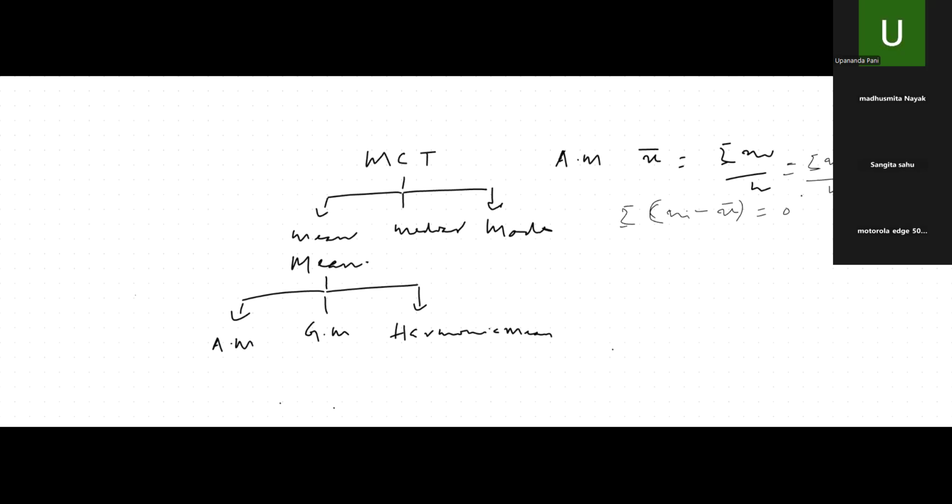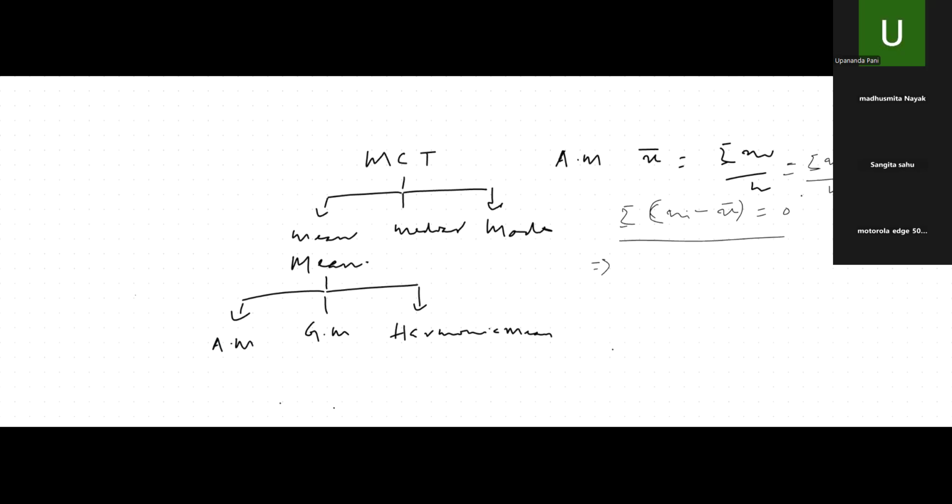It means the algebraic sum of deviations of observations from their arithmetic mean will always be equal to 0. Is it clear? You can prove it.